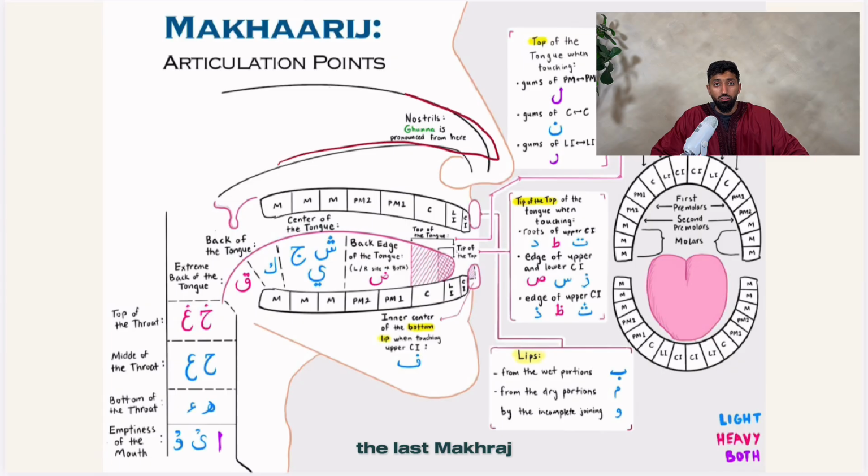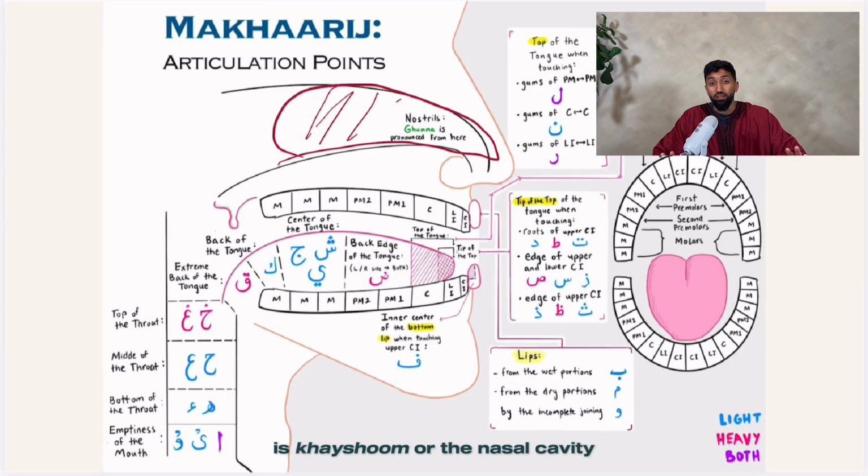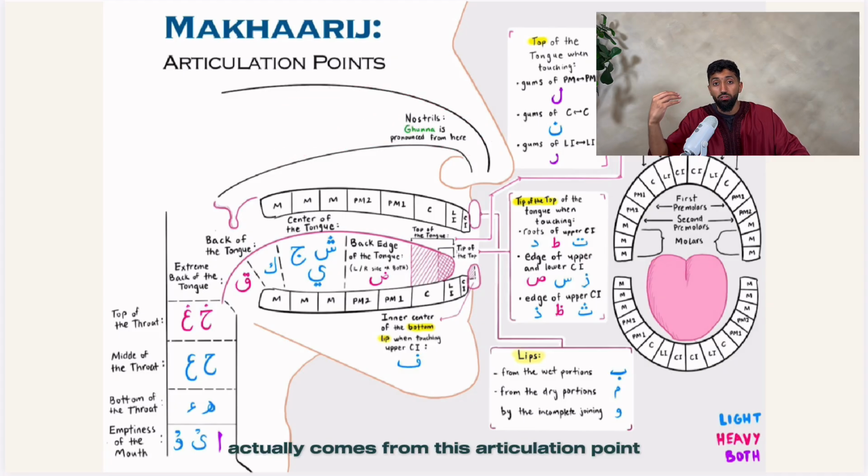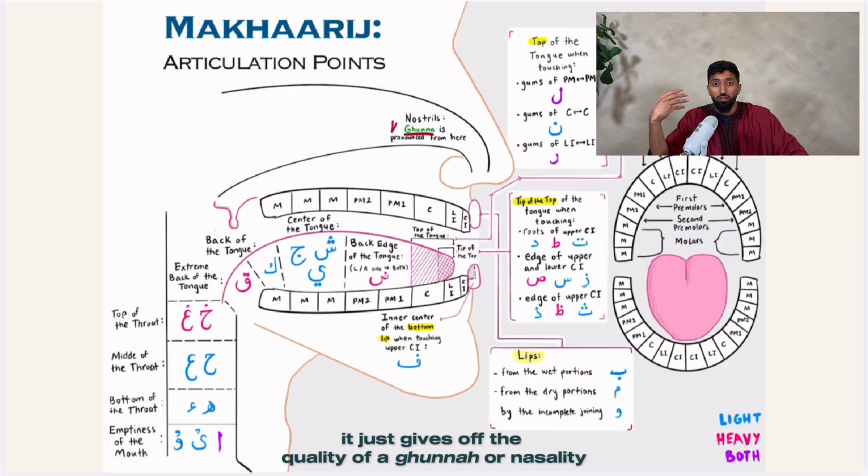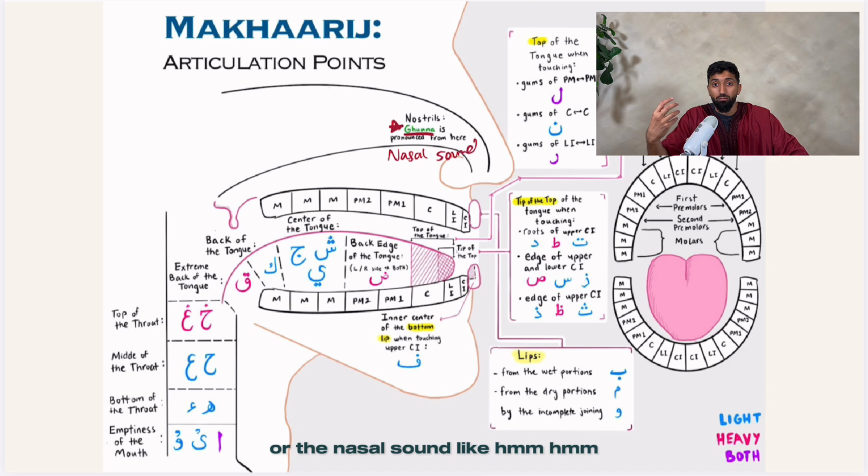The last makhaarij is khayshum, or the nasal cavity. No particular letter actually comes from this articulation point. It just gives off the quality of ghunna, or nasality, or the nasal sound, like this. This nasal sound, if you cover your nose, you actually can't make it, and it becomes blocked off.